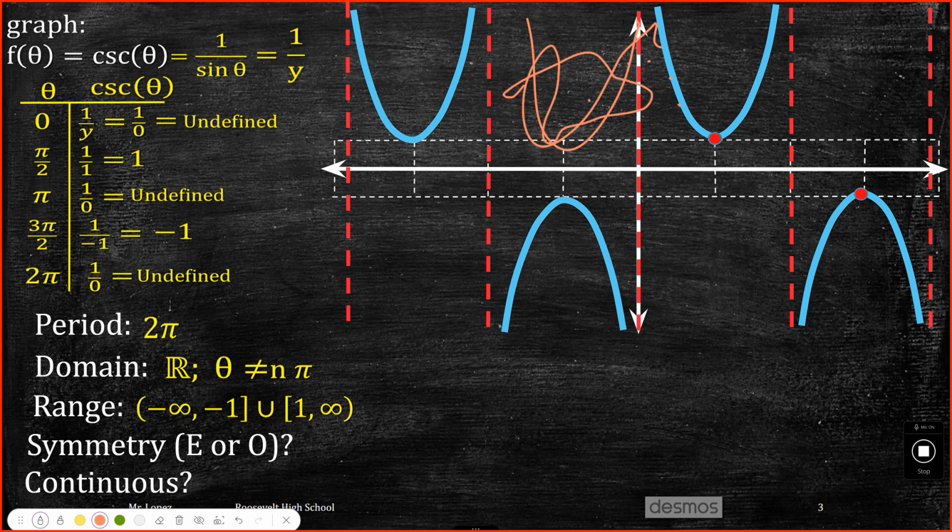But if I flip it another time, one flip with respect to the y, and if I flip it with respect to the x, am I getting it now? Yes or no? So it requires 2 flips for it to land on itself, so it's odd. Is it continuous? And we already said it's a no.